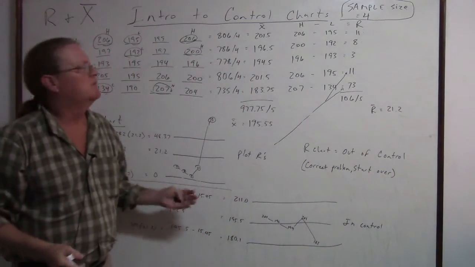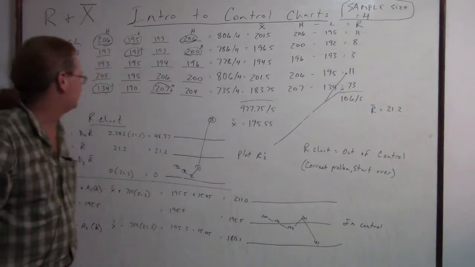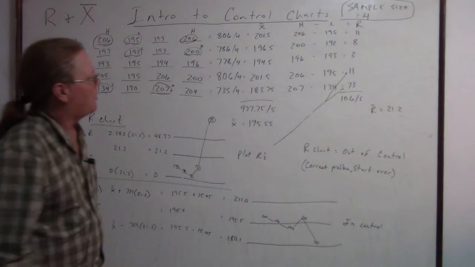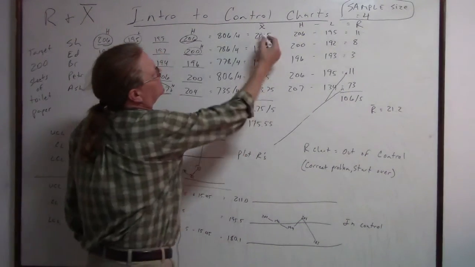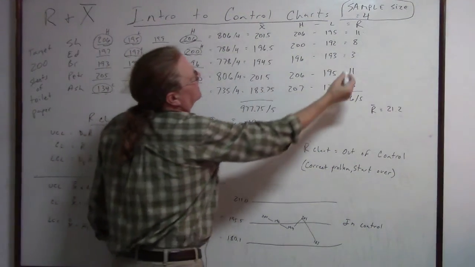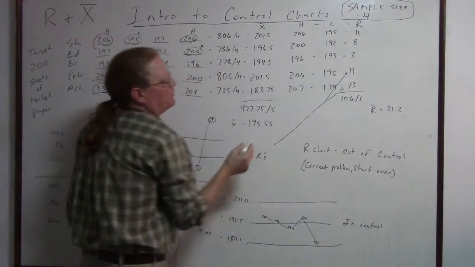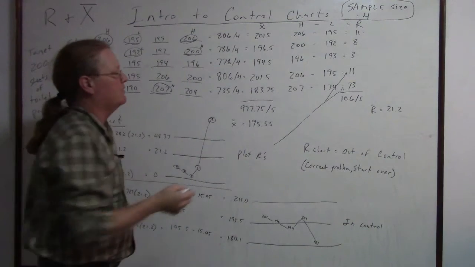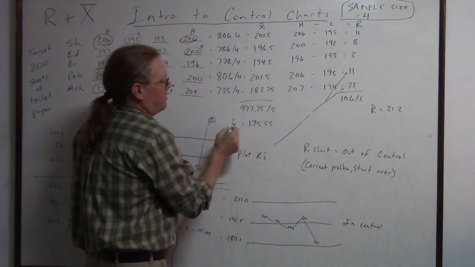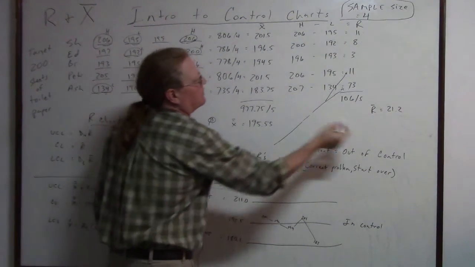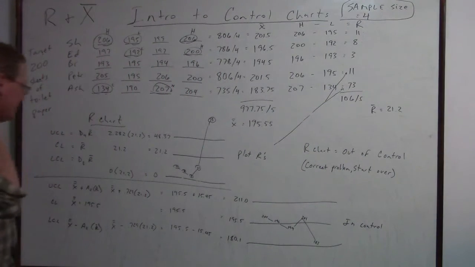So, not so bad, right? Now, we're going to plot these, but in order to figure out our control chart, we need the X bar and the R bar. So, we're going to build an R chart.